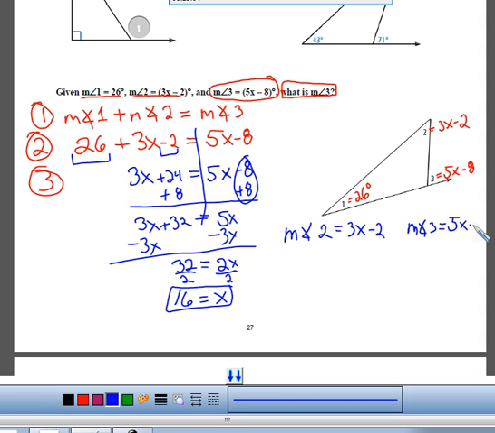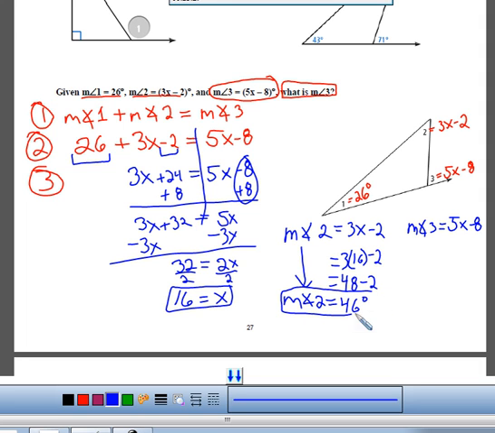5x minus 8. And I'll show you why in just a minute. So what I'm going to do is substitute my 16 back in, and I get 48 minus 2. So the measure of angle 2, so I'm carrying this all the way through, equals 48 minus 2 is 46 degrees.